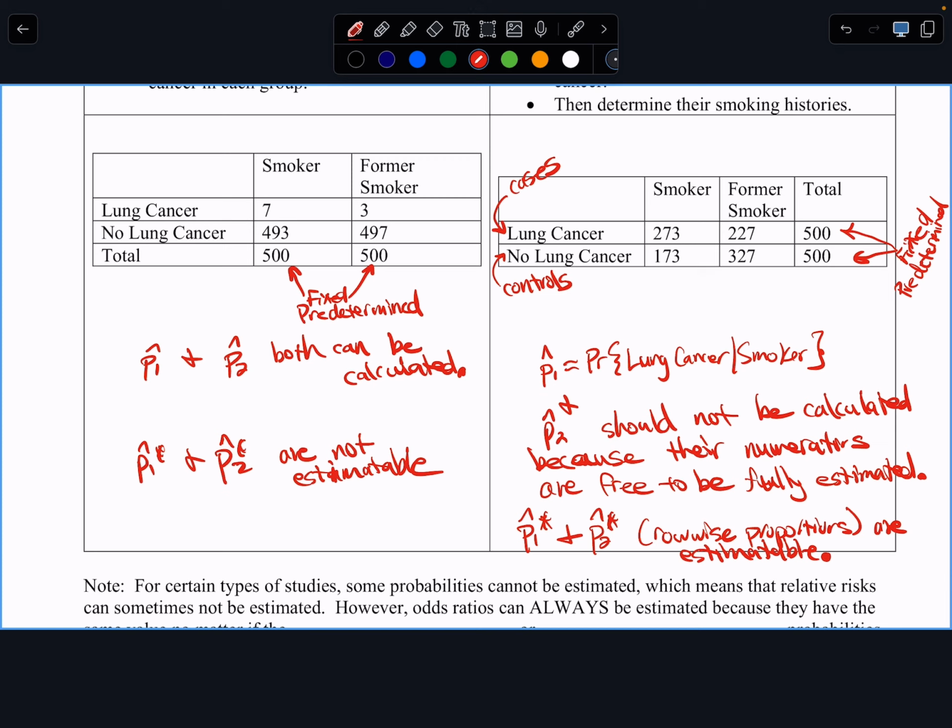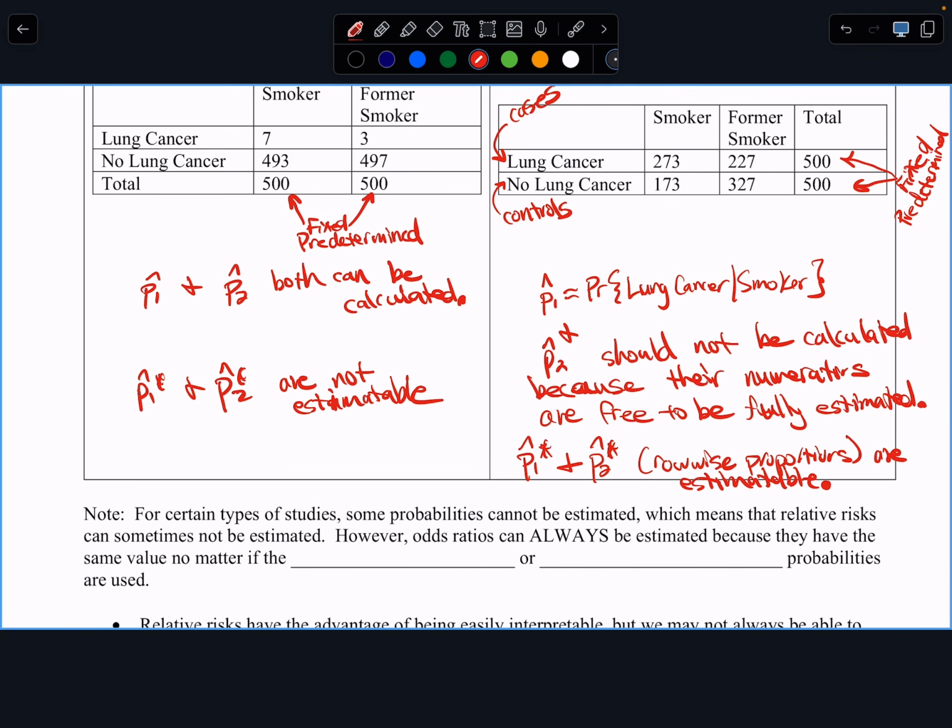So to sum this up, it says for certain types of studies, some probabilities cannot be estimated. Which means that we shouldn't use relative risk all the time because some of them may not be estimable.